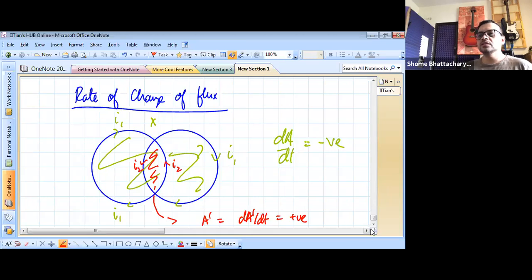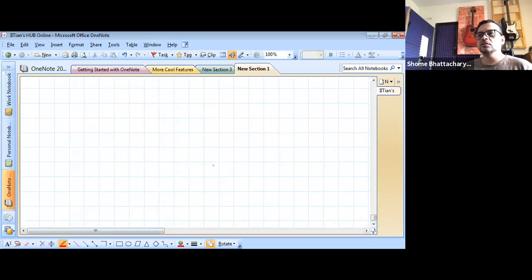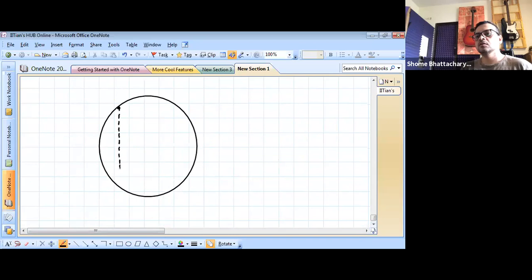To consider how the flux is changing, how the area is changing, you can consider something like this. It's basically just geometry. If this is where the overlap is at some point of time, then you will see that the original A that was there for the large loop is basically twice of this area.